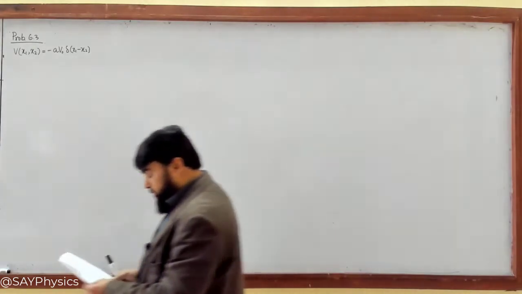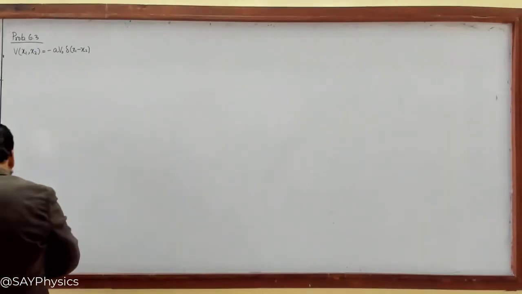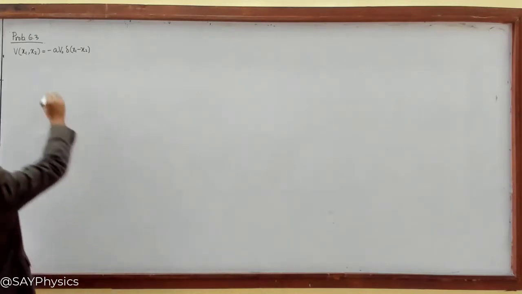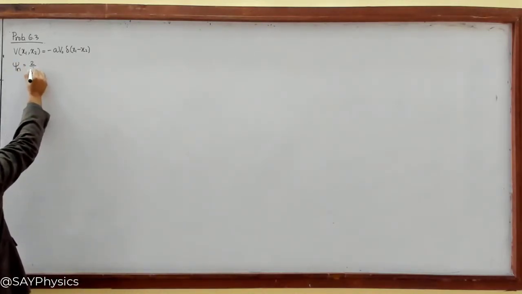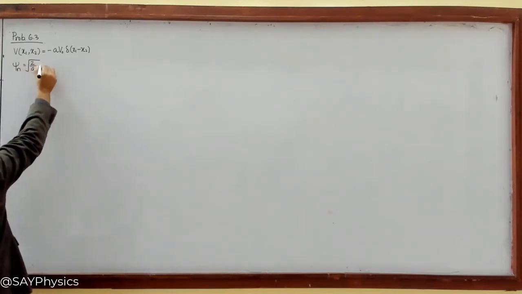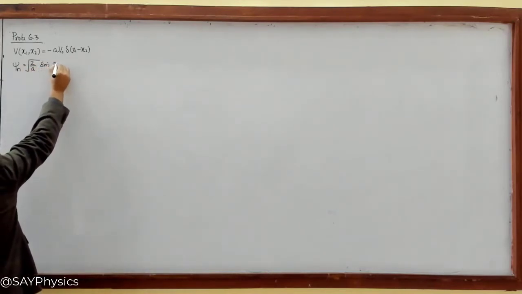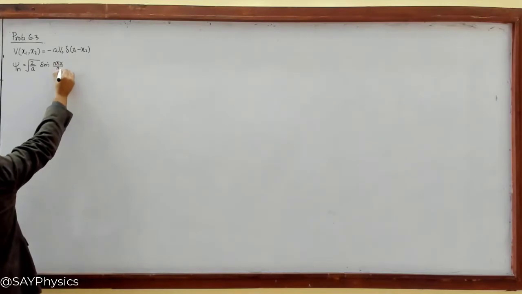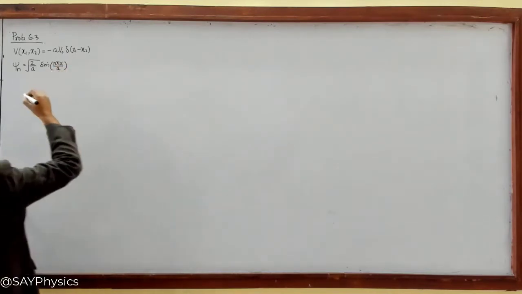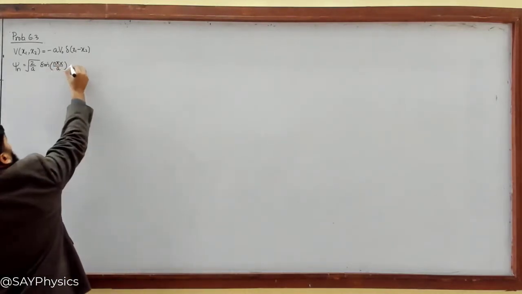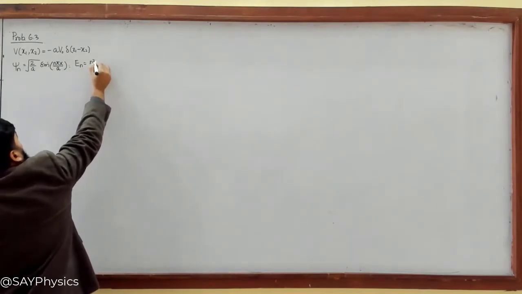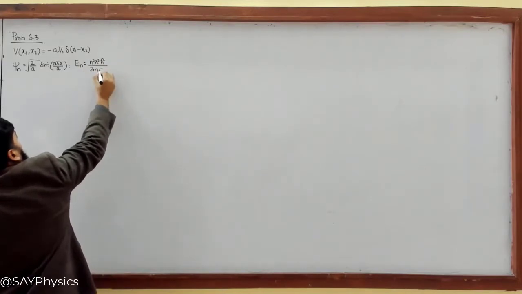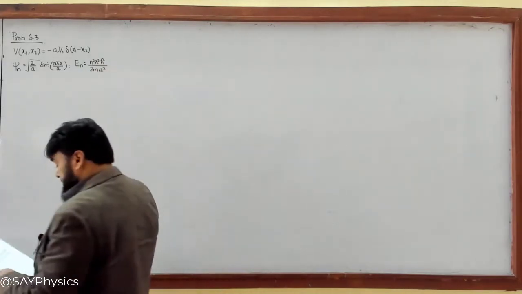So the very first one, we will use the same psi n. Psi n is square root of 2 over a, and sine n pi x over a. The same wave function we will utilize with energy En equals n squared pi squared h bar squared over 2ma squared.